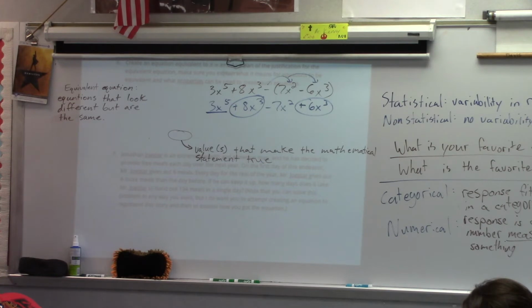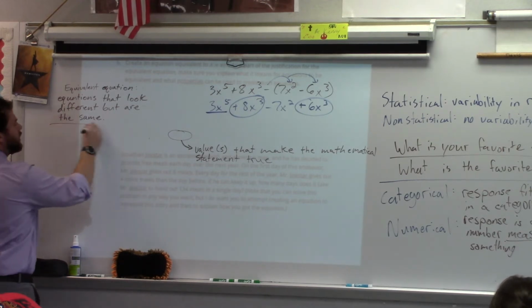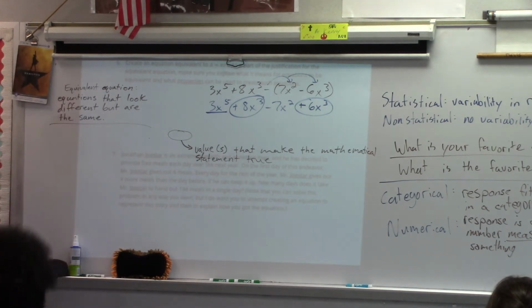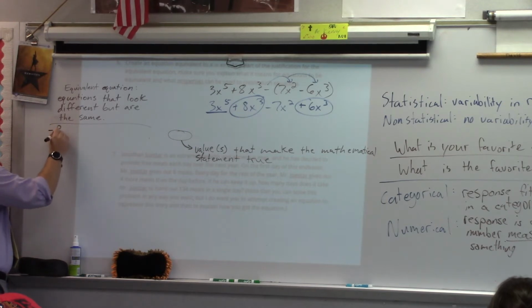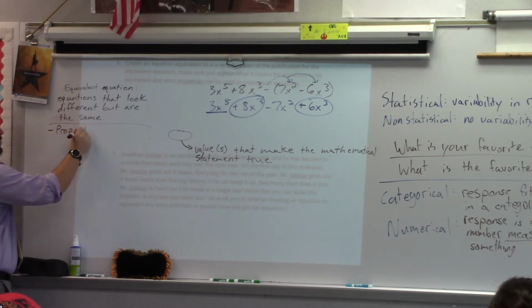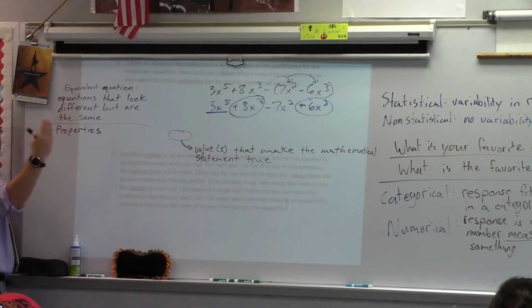So, equivalent equations do have the same solutions, but what we really mean is that they look different but they're the same. And what are the properties that can be used to create such equations? Properties of equality, right? Which are the division properties and addition, all that stuff.